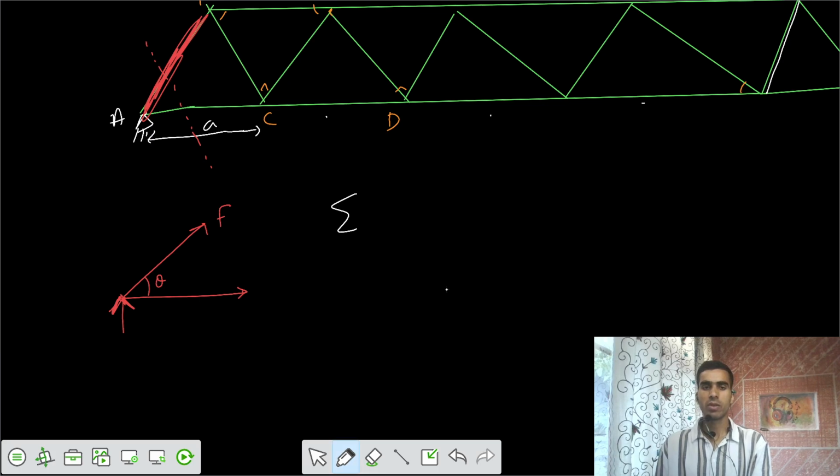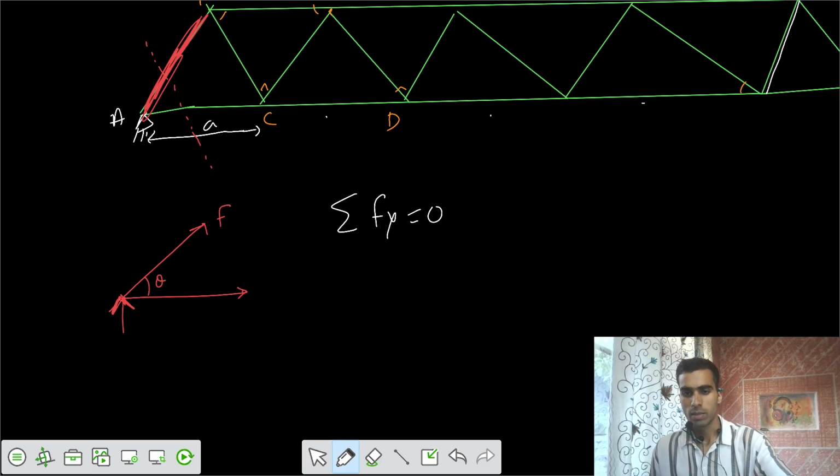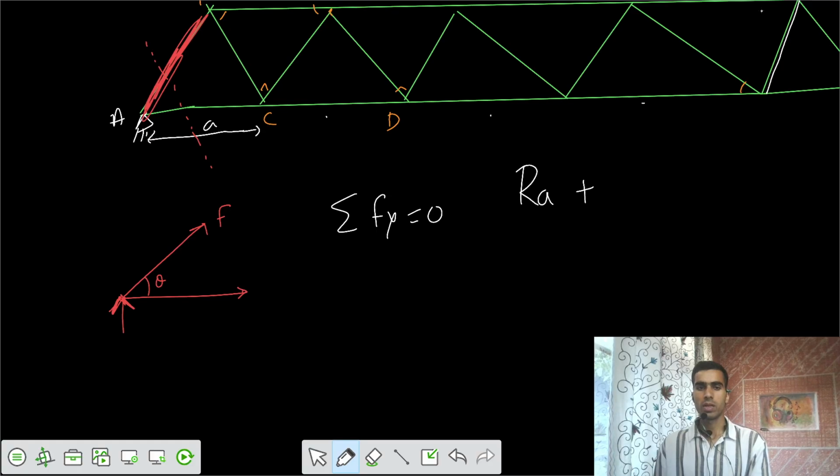If I apply summation of forces in the y direction equals 0, I would say there is some reaction A upwards plus F sine theta upwards equals 0. So this is the procedure.